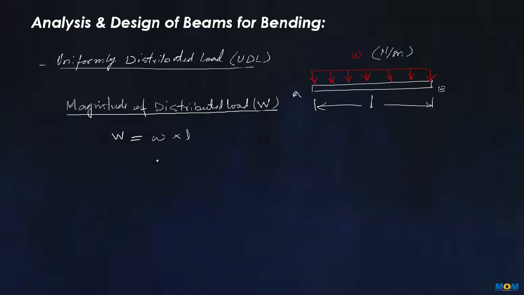So the unit of magnitude of the distributed load would be newtons, because omega is Newton per meter, and this is multiplied with the units of L, that is in meters. So this is going to be in newtons.